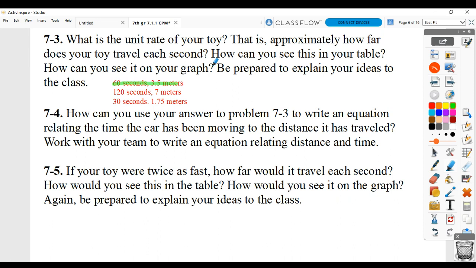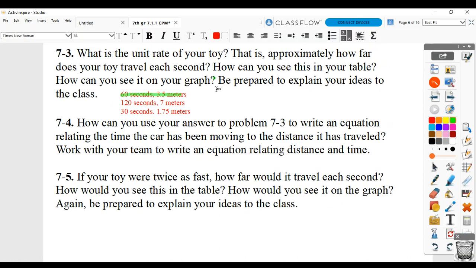Okay. So what you want to say for 7.3 to put into your notebook is go ahead and put in the values that I have, and then basically that it would go through 0, 0 on a graph, and it would be linear.